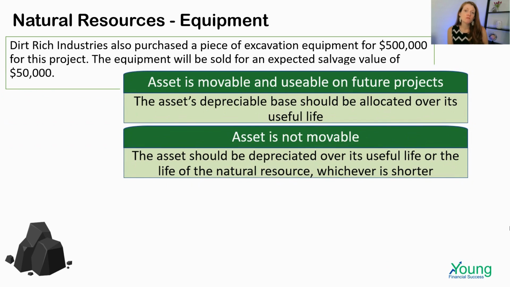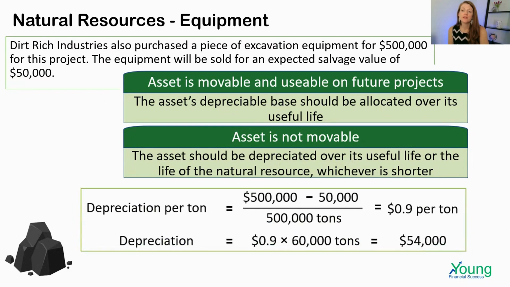If an asset is movable and usable on future projects, then the asset's depreciable base should be allocated over its useful life. If the asset is not movable, the asset should be depreciated over the useful life of the natural resource, whichever is shorter. So for this case, they are only going to be using this for that one project.